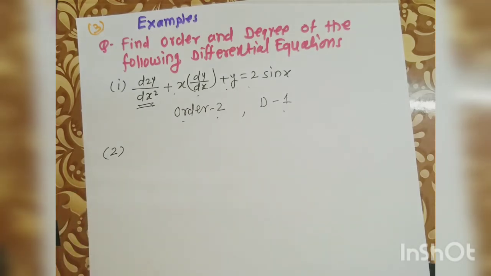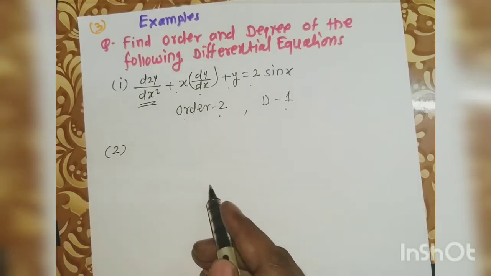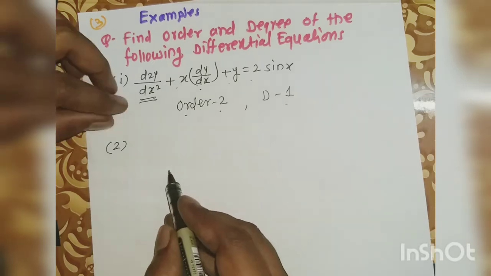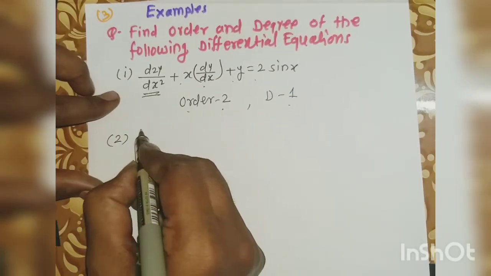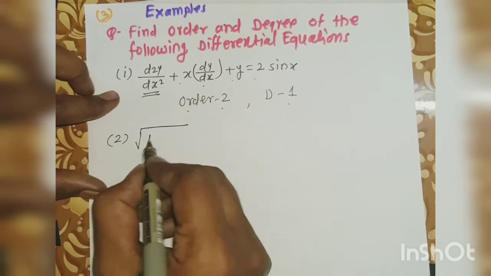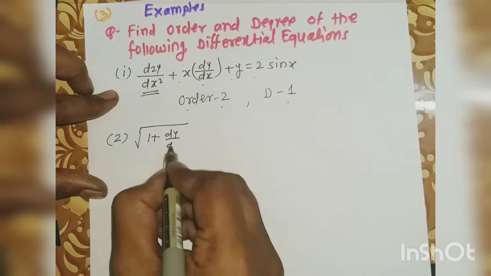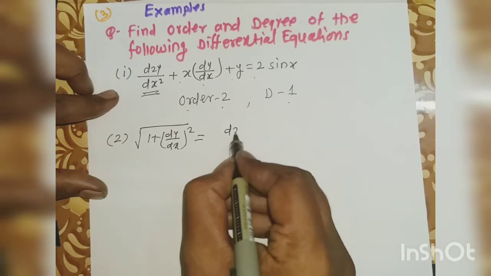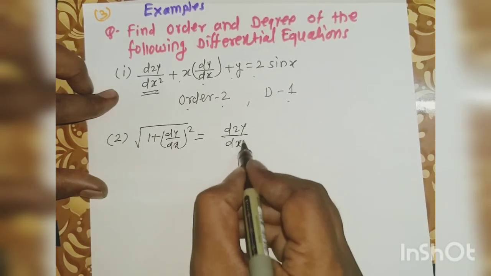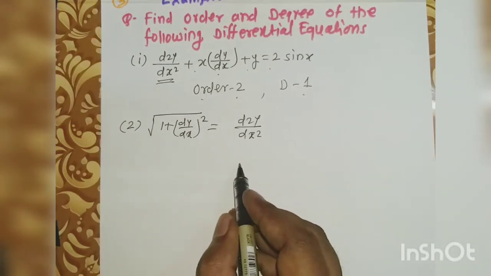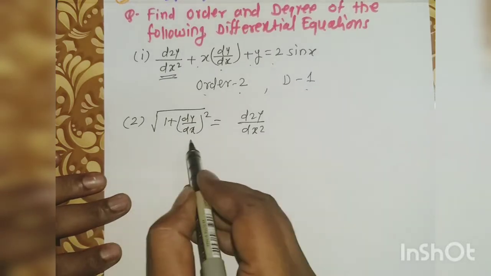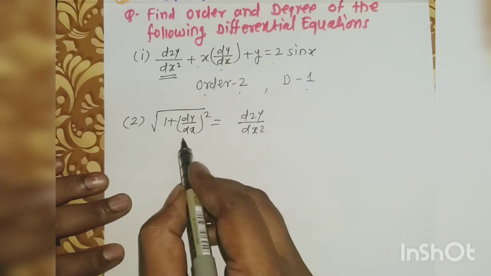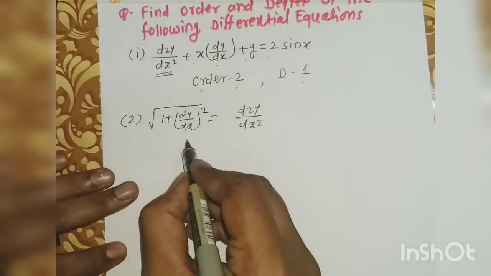In exercise 6.1, second example is under root 1 plus dy by dx bracket square is equal to d2y by dx square. Now on left hand side, the power of this term is a fraction. Therefore, simplify this taking square on both sides.